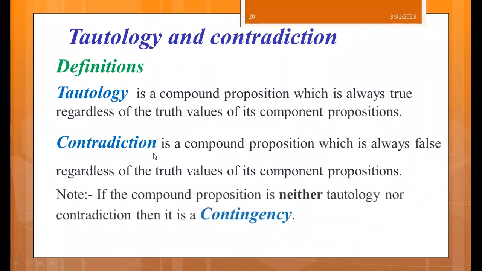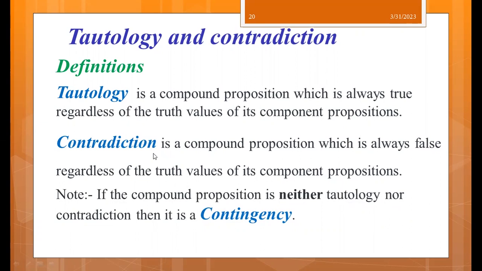But there is another group of compound statements which is in between tautology and contradiction. That means the truth value of a compound statement could be true for some instances and false for other instances or possibilities.